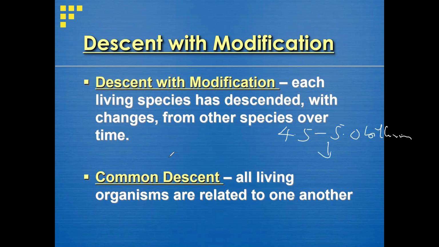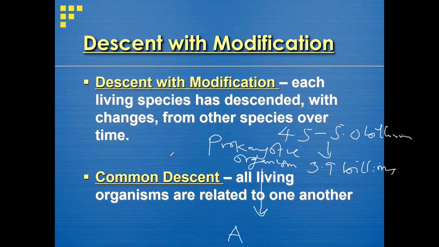And then the first organisms, which are prokaryotic cells, existed on earth around 3.9 billion years ago. So it's from these prokaryotic organisms that all other organisms came, but at different times.